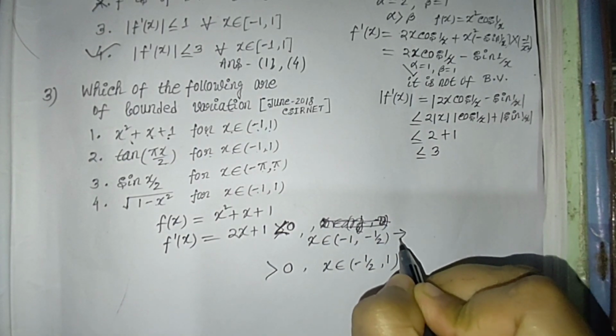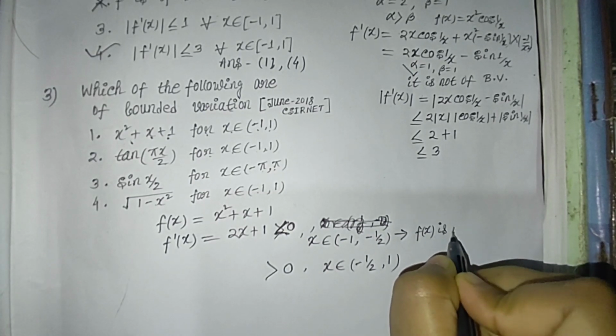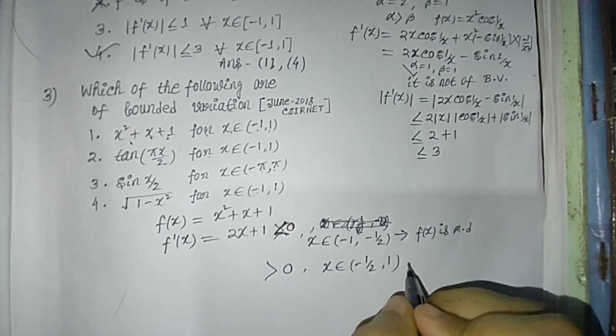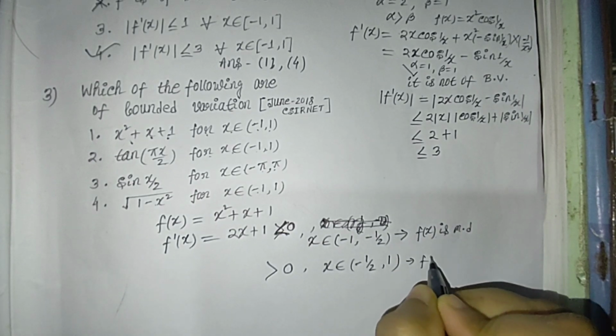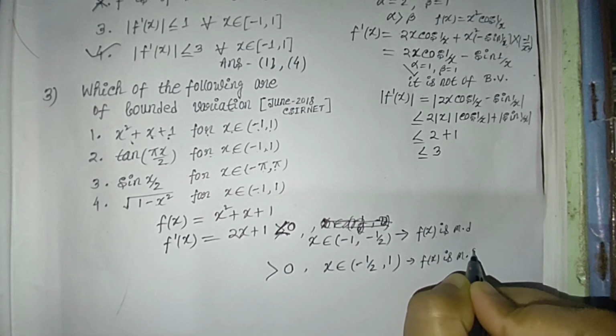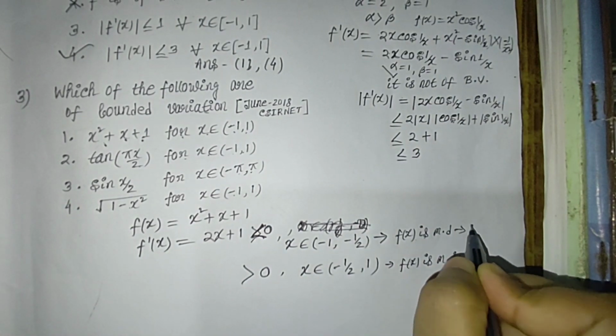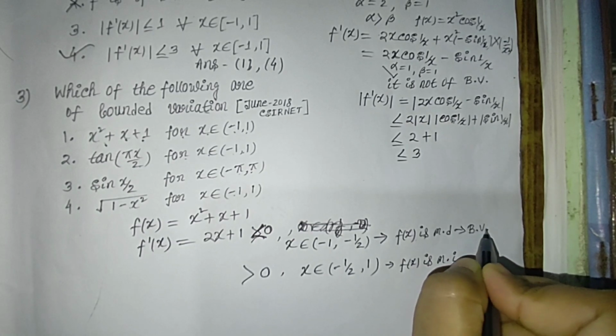So in this case f(x) is monotone decreasing, and in this case f(x) is monotone increasing. We know that a monotone function is of bounded variation, so in this case f(x) is of bounded variation.